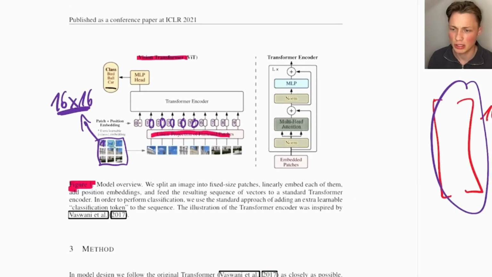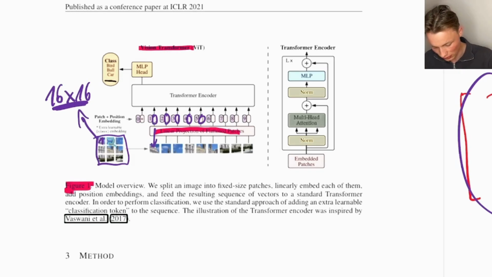We need to do this because the transformer can't find out where this token comes from. So if it's in the top left corner or top right corner, the transformer without the positional embedding can't know this. This is why we add a positional embedding.